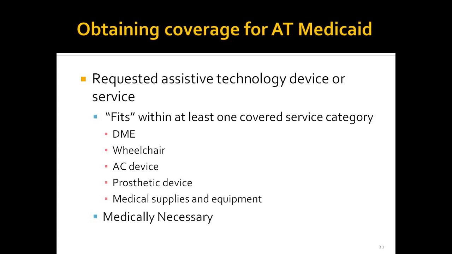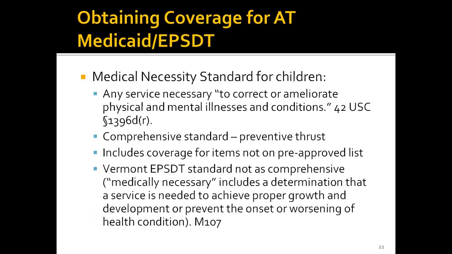The next issue is medical necessity, and this is really the key. This is what defines eligibility for Medicaid. In Vermont, and actually across the country, medical necessity for children is defined very broadly. I've included both the federal definition and the Vermont definition. I've included the federal definition because it's broader, I think, than the Vermont definition, and in any appeal or controversy, one could rely on the federal definition.